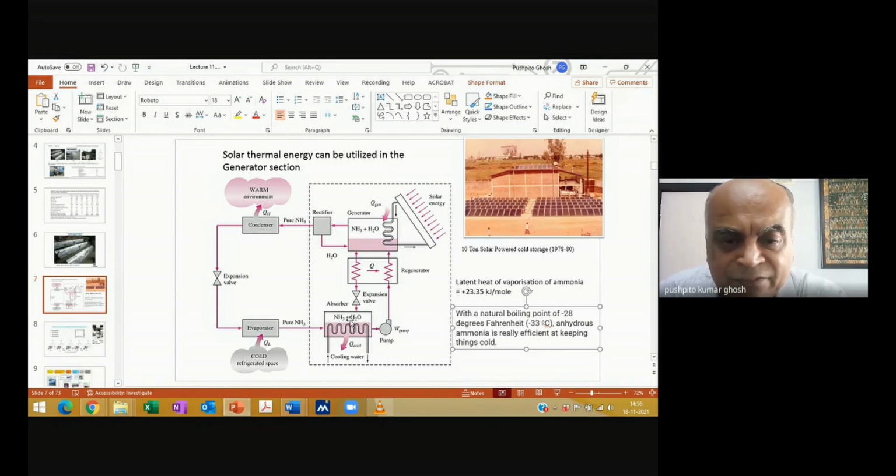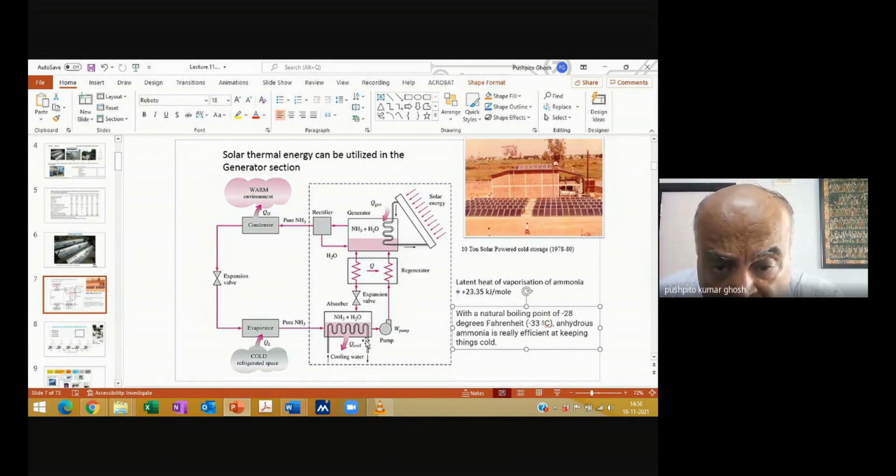That's effectively what you're doing, and you're driving this evaporation of the ammonia. Then you have taken away the heat, so it's at a fairly low temperature, and this cooling water I'm talking about is not extremely cold water; whatever water is available with you, you use to take out the heat.